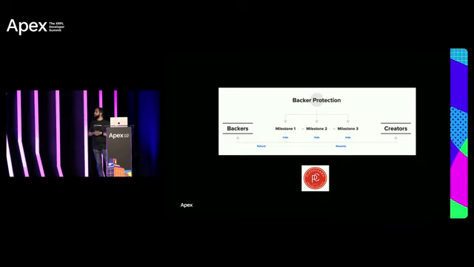So for example, let's say that milestone 1 gets approved by all backers, and a creator can claim the reward for that milestone, and there's a percentage associated with it. However, if milestone 2 fails, then backers can get a refund based on how much funds are remaining in the hook account for the creator.